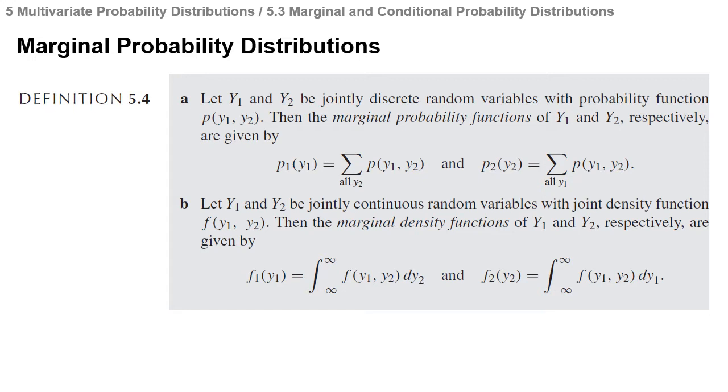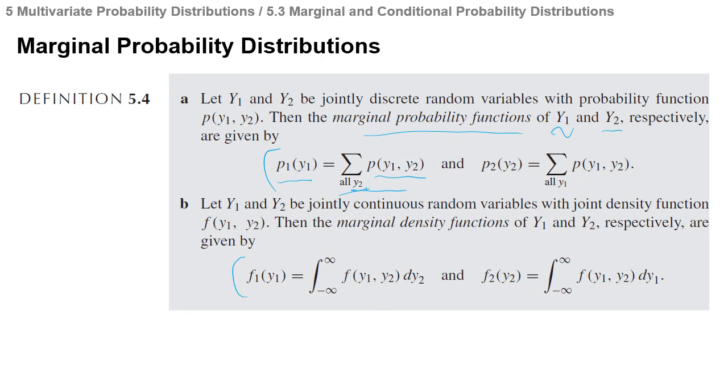So here's the definition of marginal distribution. If you'd like to calculate the marginal probability function for y1 or y2, you sum over the other one. To calculate p1(y1), you sum all the joint probability distributions with respect to the other variable, and you get the marginal probability distribution for the discrete case.